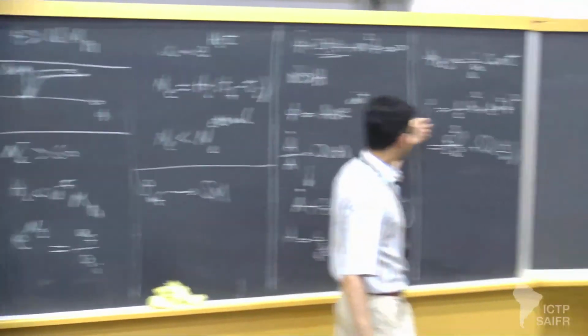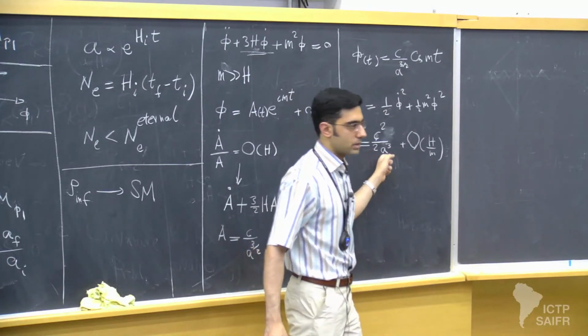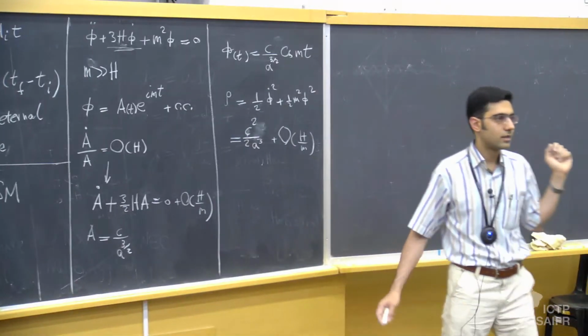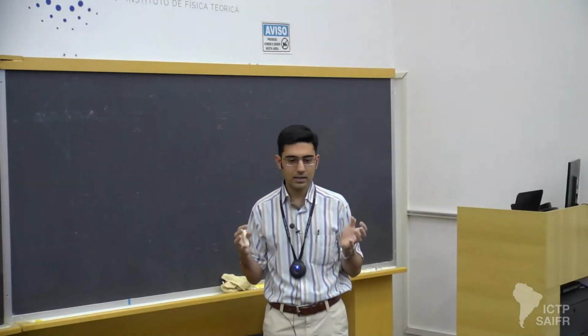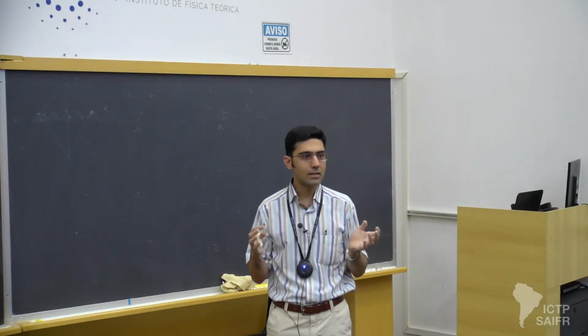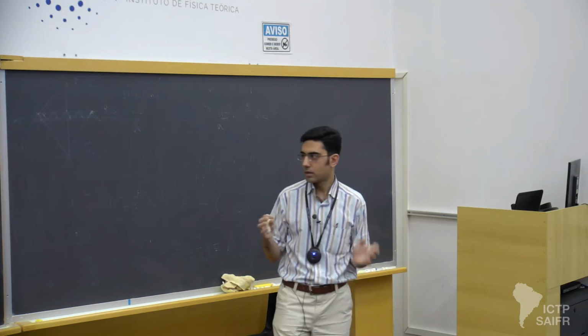So this must be familiar from the discussion of the morning. If I have some component whose energy density is diluting as 1 over a cubed, that is the way that matter behaves.